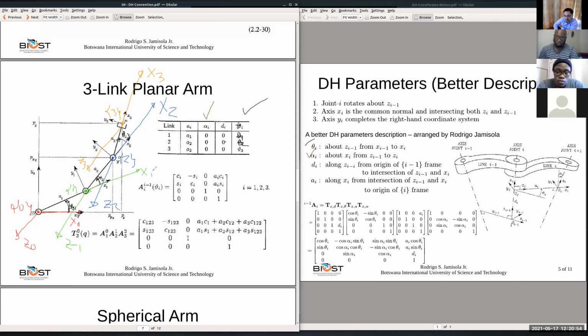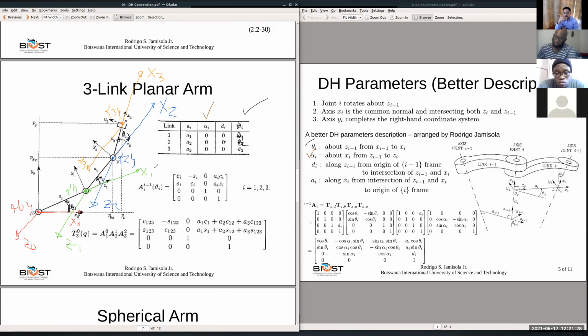You make your thumb in the direction of x1, and go from z0 to z1. z0 is coming out of the paper, and z1 is also coming out of the paper. Is there rotation? No, because z0 and z1 are parallel. They don't move about x1.